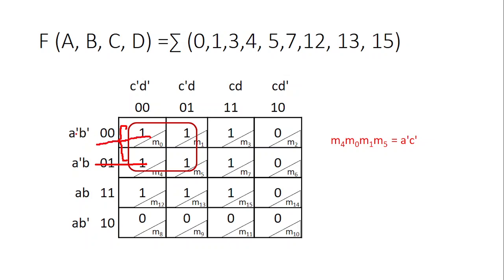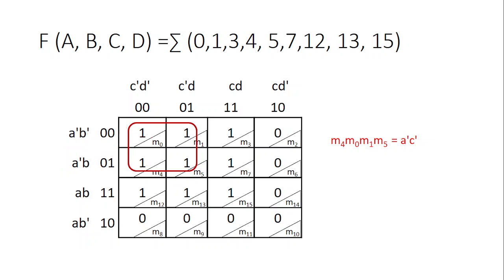Okay. Now look at them. One of them is common. A dash is common. A dash is there, A dash is there, or A bar is there, A bar is there. B is changing. So B changes from B bar to B, or B prime to B. Okay. B value is changing.